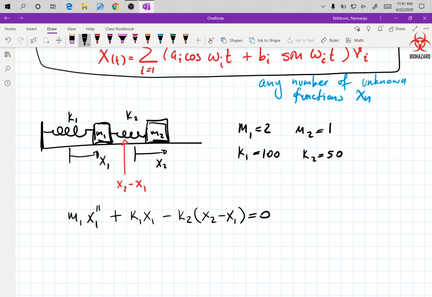So I have two springs. The first mass has two springs attached to it. The next equation for M2, X2 double prime, will only have one spring attached to it, and that's K2.